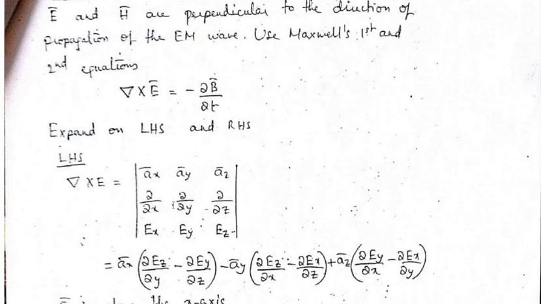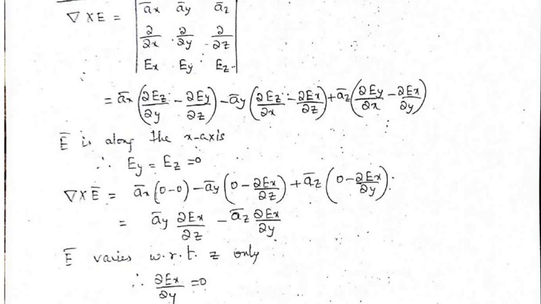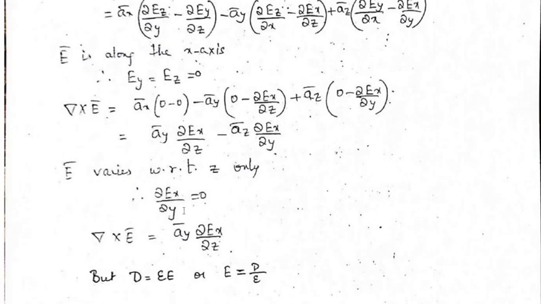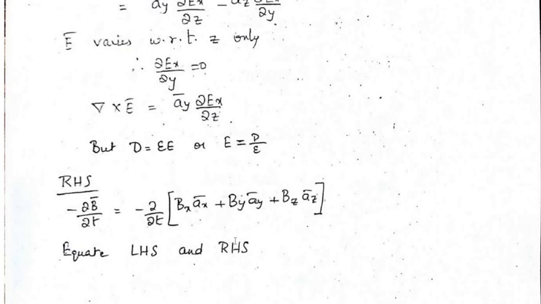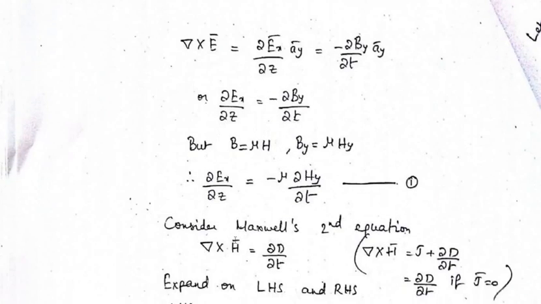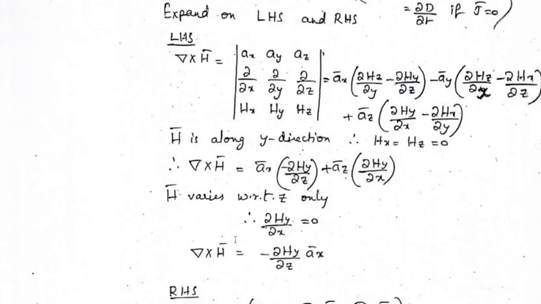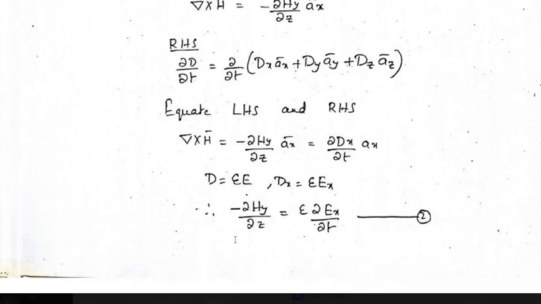Use the cross product expansion and reduce Ey and Ez to zeros, and E varies with respect to Z only, so the other terms also become zeros. This is the equation we get here. Similarly expand on the right side also. This is the final equation which we get here.